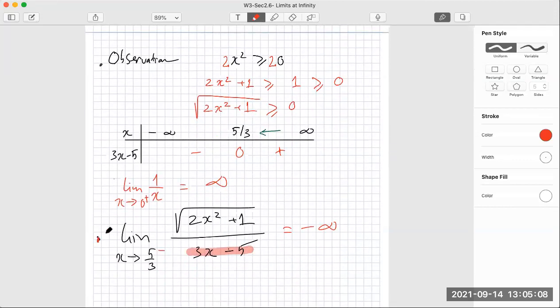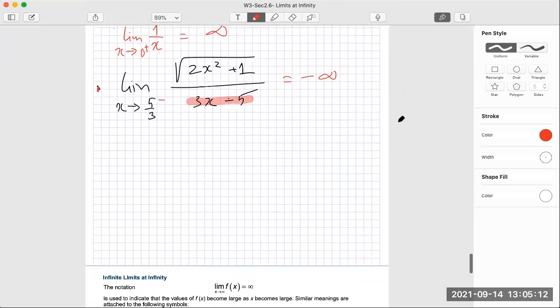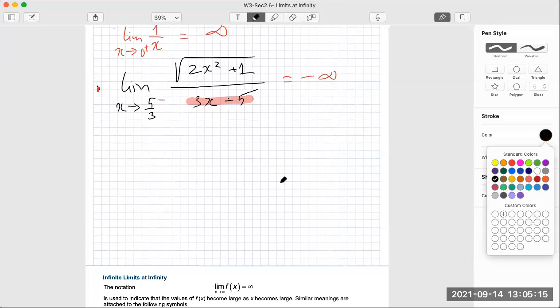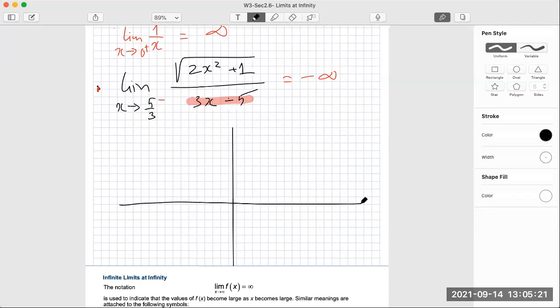From the left-hand side, we can sketch a graph of this one, not perfectly, but we know how it behaves.